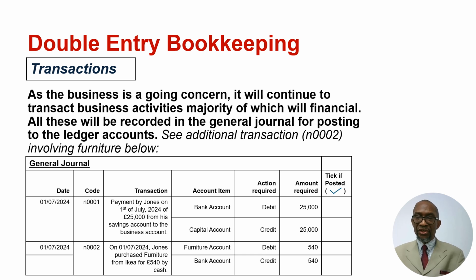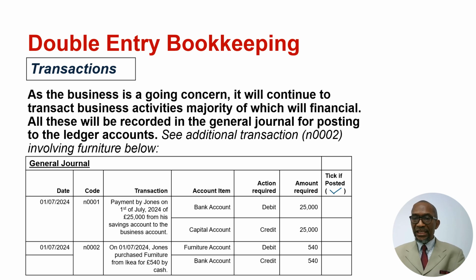So we have introduced another transaction here on the same date. The second transaction, which is N002, is Jones purchased furniture from IKEA for $540, by cash.